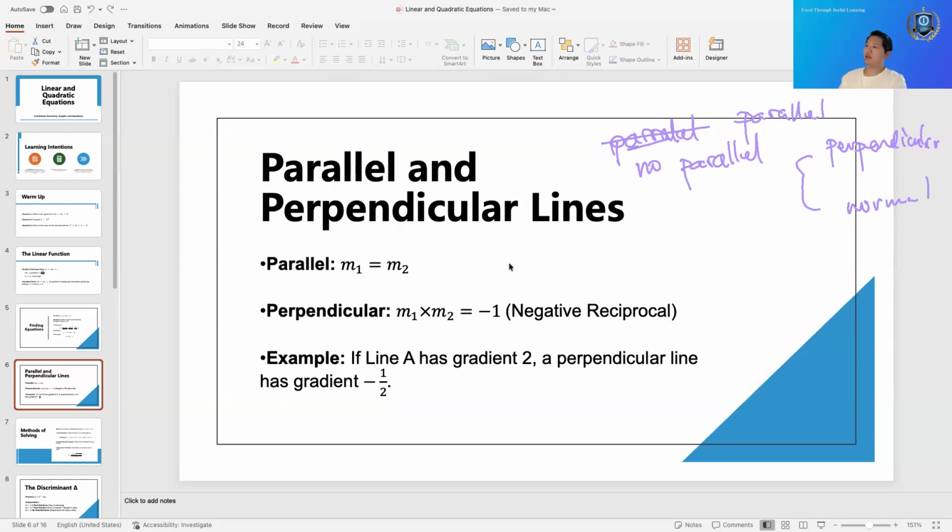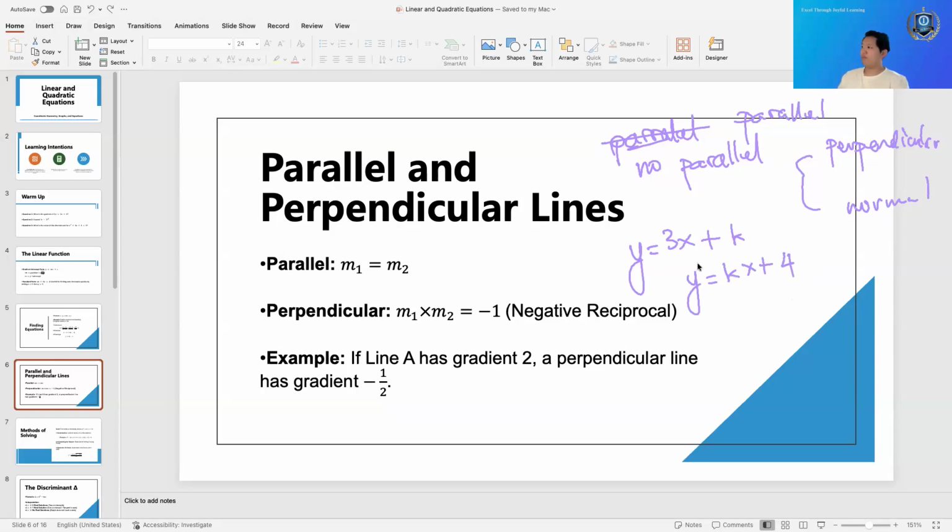Now, looking at parallel lines, there's two cases, because there will be questions later on asking for what values of, let's say, m or some particular number would these two lines intersect or not. If I give you an example, I have y equals 3x plus k, and I have y equals kx plus 4.